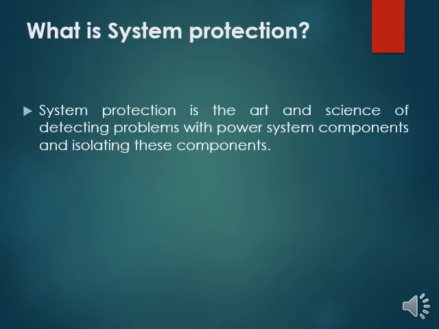Now, what is protection? System protection is the art and the science of detecting problems with power system components and isolating these components. So what are the components of a power system which are to be protected? First is the generator, where the power is generated. Then the transformers, where the generated voltage is stepped up.